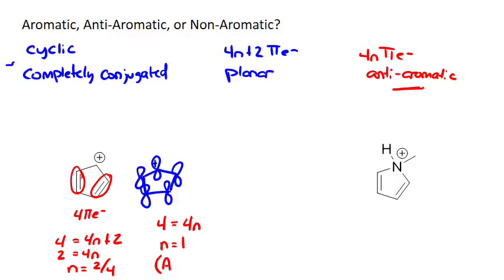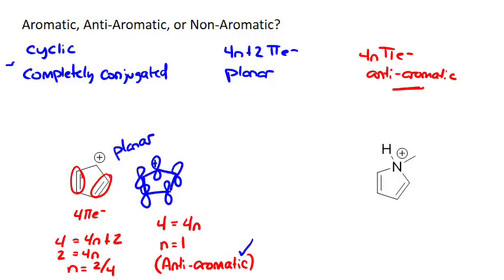So this tells us that the molecule is likely anti-aromatic as long as it's planar, and a ring with 5 carbons doesn't have enough mobility to bend out of the plane, so this is planar. So it fulfills all the criteria for anti-aromaticity: cyclic, completely conjugated, planar, and 4n pi electrons.